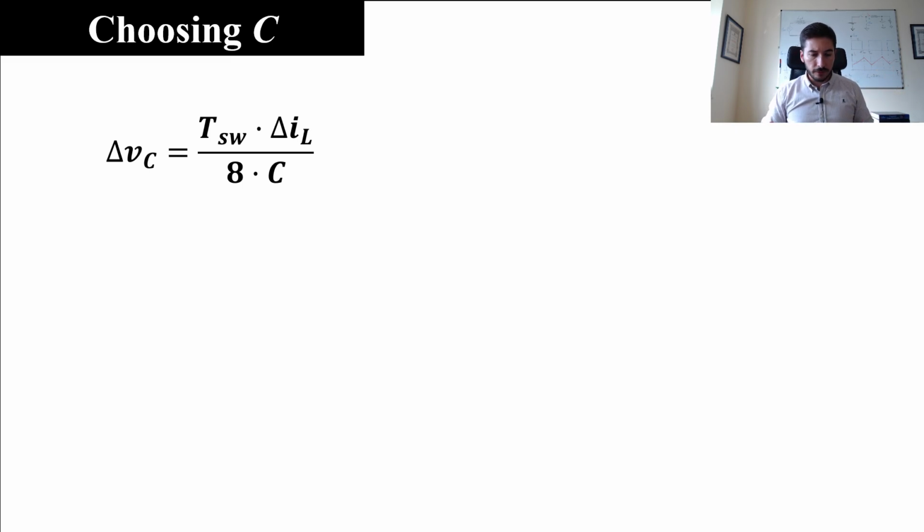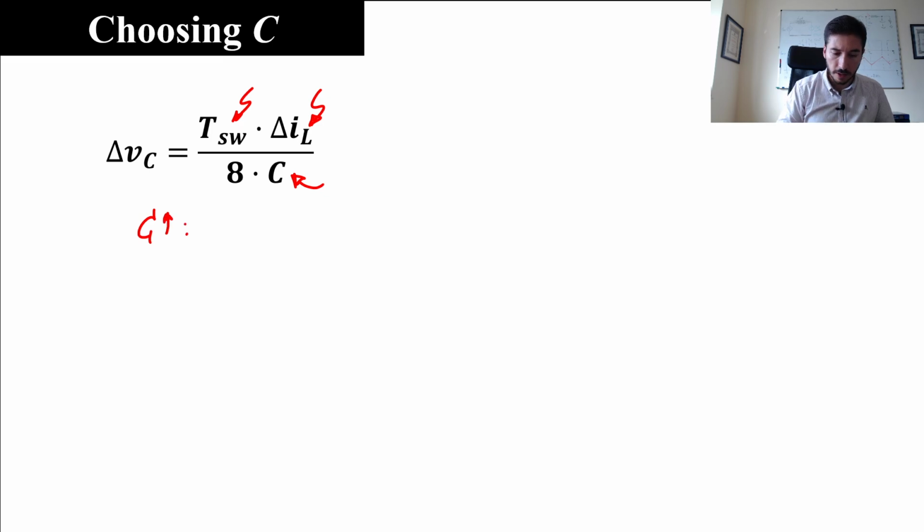Okay, here we have the expression. As you can see, it depends on the period, it depends on the inductor current ripple, and it depends on the capacitance. Let's think about the expression. If we increase the capacitance, we reduce the output voltage ripple.